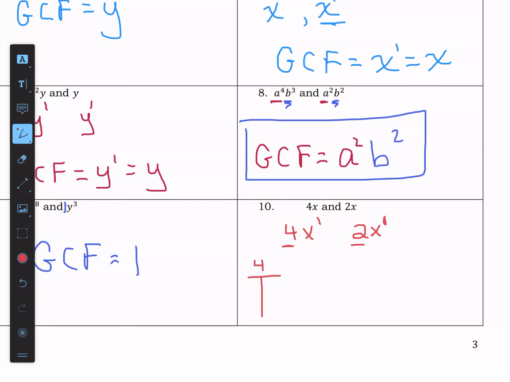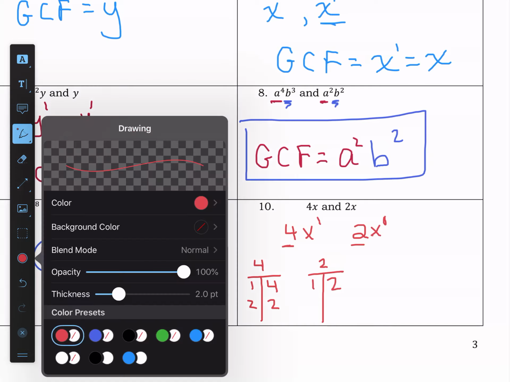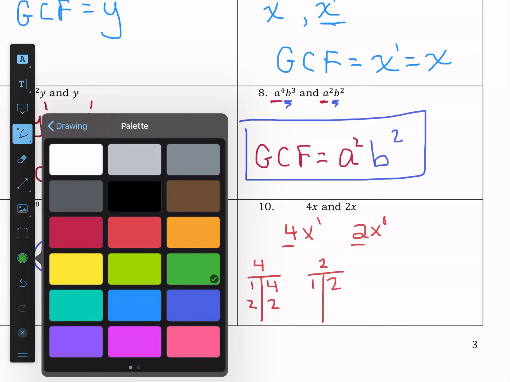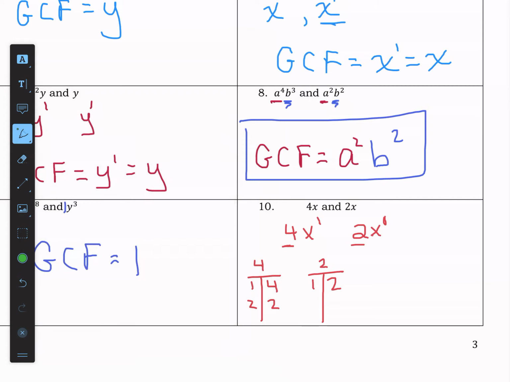So our factors of 4 are 1 and 4 and 2 and 2. And our factors of 2 are 1 and 2. Okay? So we look at our lists and we just want to see what is the biggest number both lists have in common. They both have 2. That's the biggest number. So the first part of our GCF is just 2.